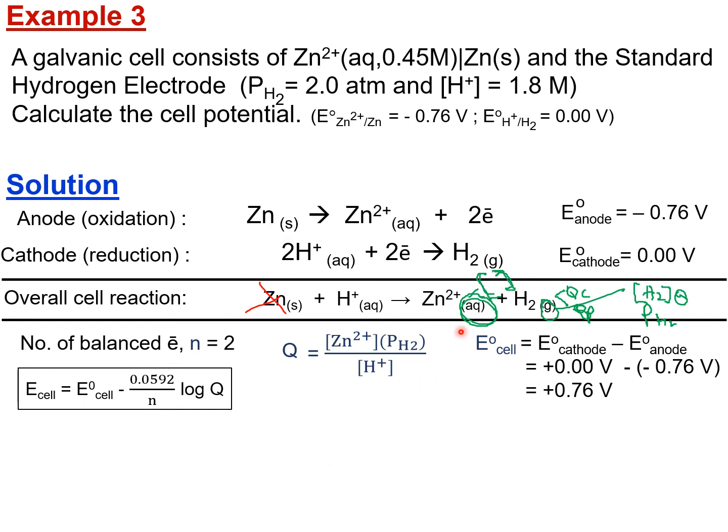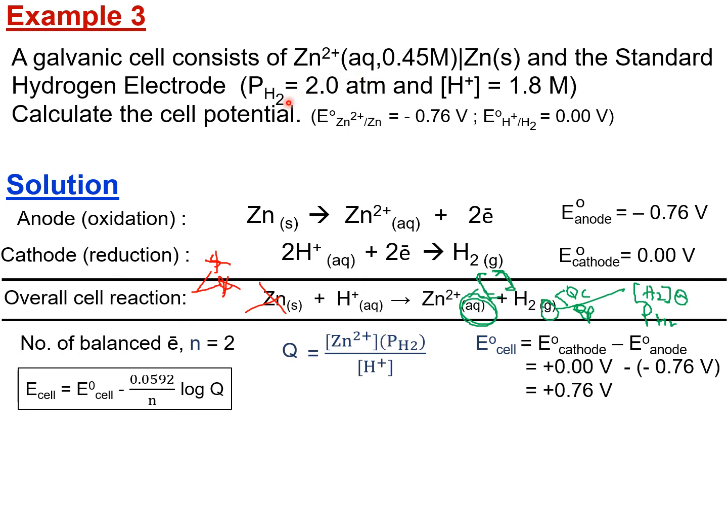Okay, but in this case, since that dia dah bagi info kat sini, partial pressure of hydrogen gas apa, concentration of H+ apa, okay, so you masukkan, you boleh gabungkan. Since that this reaction quotient, dia tak specifykan is it Qc ke or Qp, okay. So as long as, if you look at the overall cell reaction, dia tak ada solid, dia tak ada pure liquid, okay. Dia ada bagi information untuk concentration, okay.